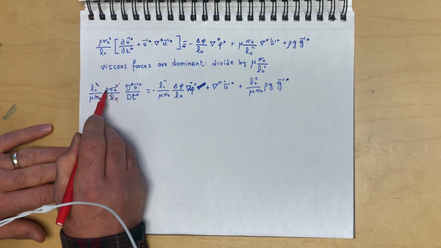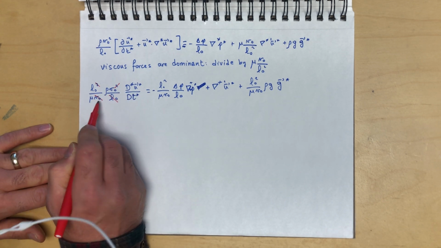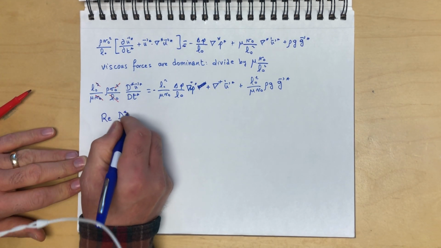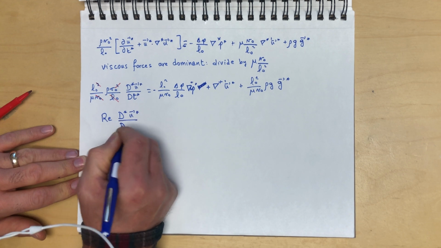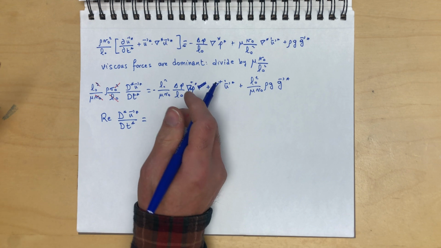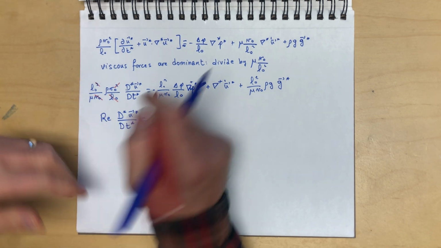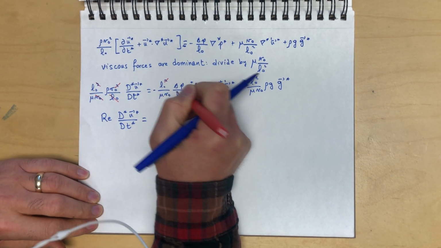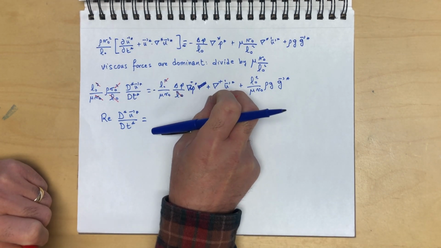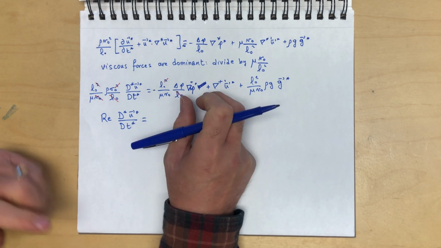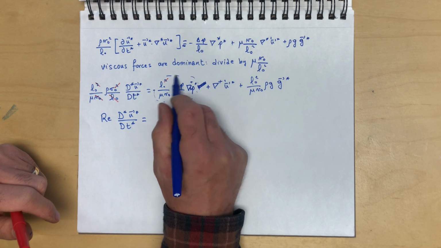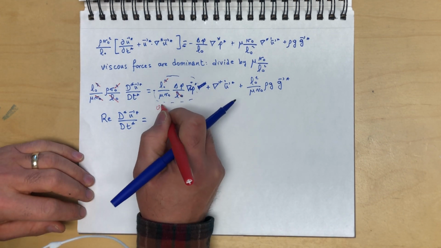And this gives us rho L0 V0 over mu, and that's the Reynolds number, as expected, multiplying dt star. Now this term, of course we can cancel the L0s, but we're also going to say that this term balances with the viscous terms because we want a driving force, and therefore we assume that this whole thing is of order 1.